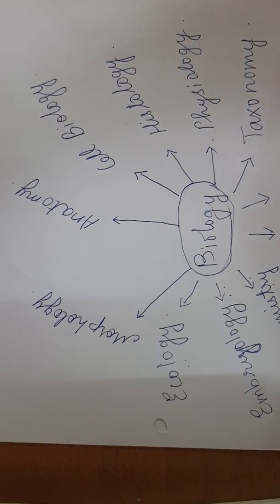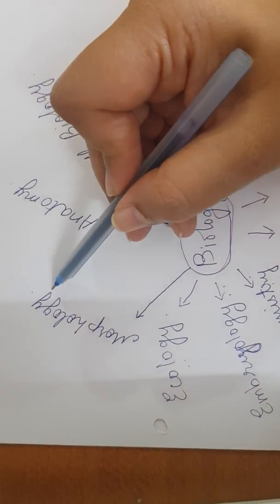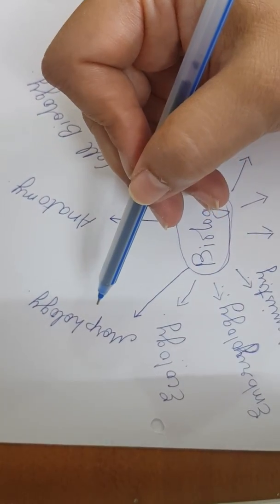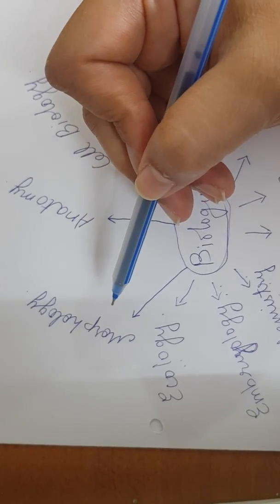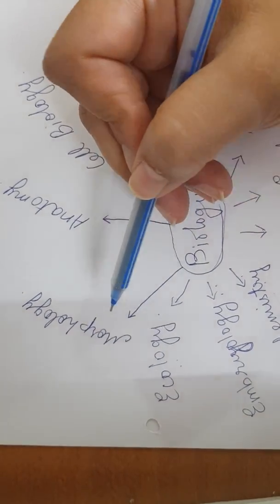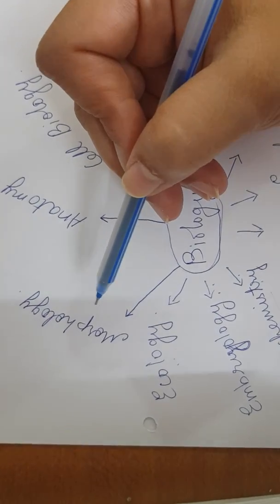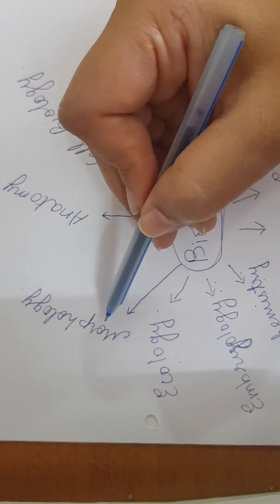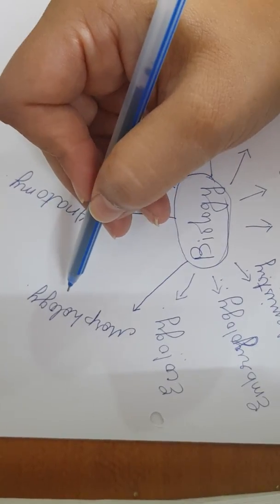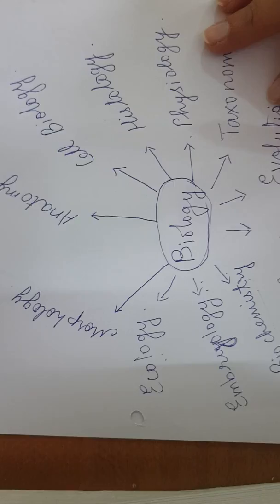That particular feature is nothing but morphology. Different organisms have different external features, external appearance, and external characteristics, which are a form of their adaptation. So we have a separate subject known as morphology, dedicated completely to external features.